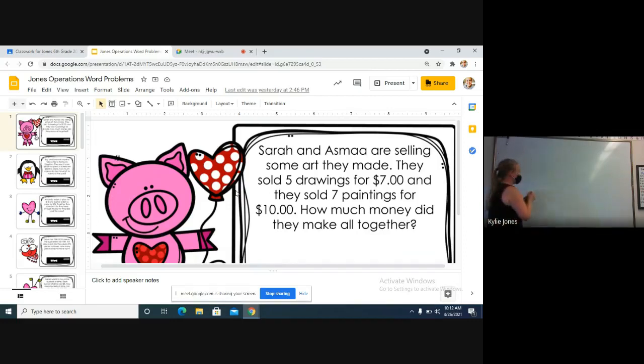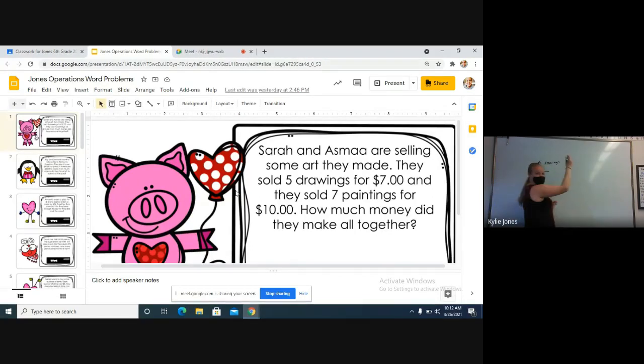So she has 5 drawings. And how much are they selling them for? $7. So 5 drawings times $7 is how much money for the drawings? $35 for the drawings. What about the paintings?